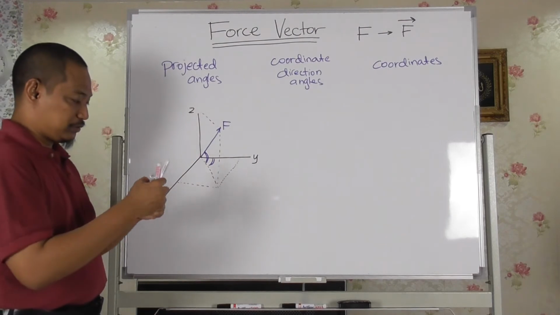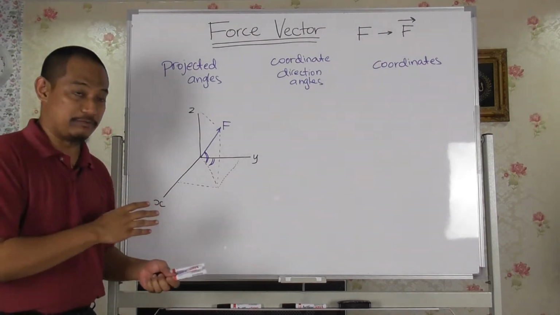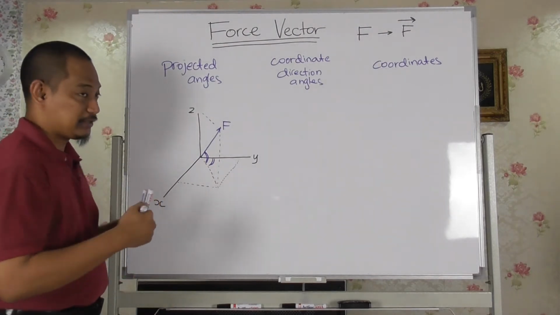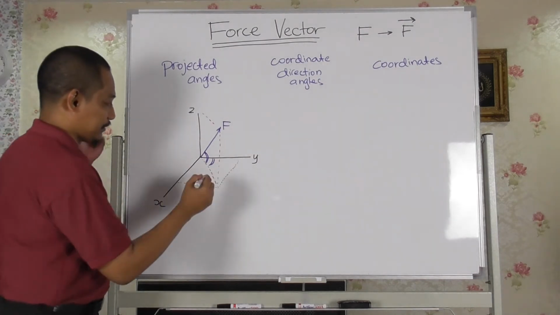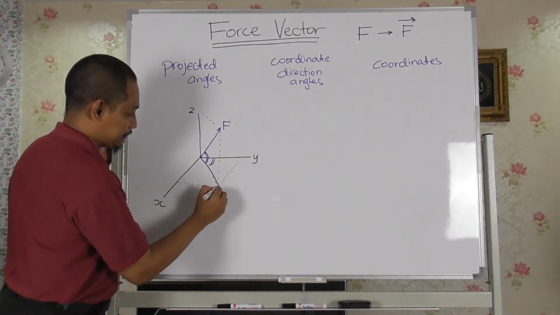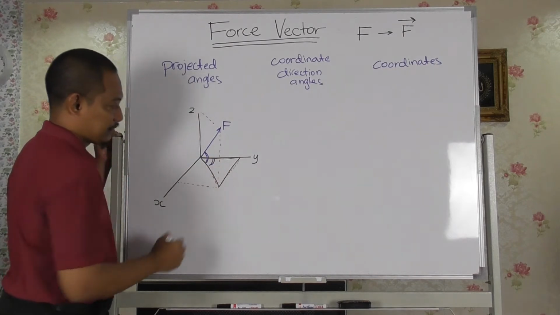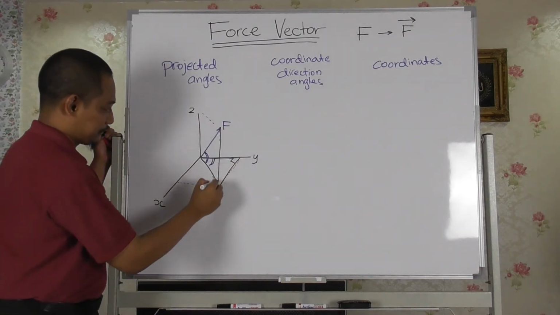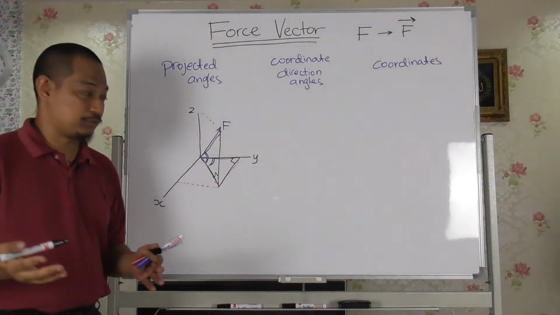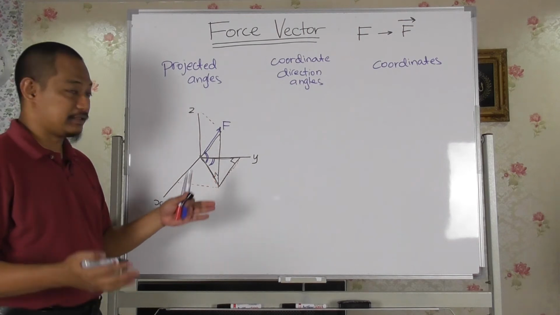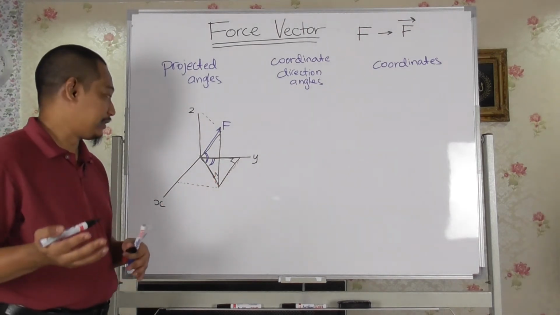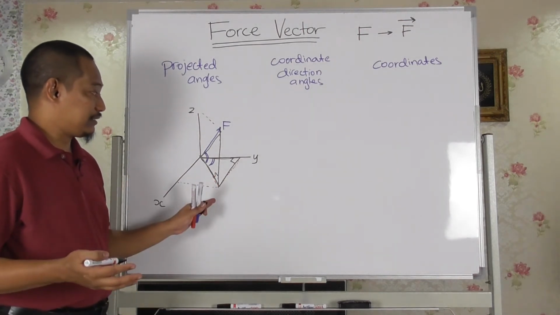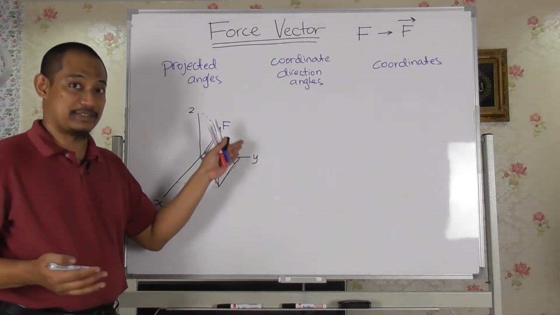So you need to be able to use the information given. In this case, we might need to use two triangles. One triangle is here, where this is 90 degrees, and another triangle is here, where this is 90 degrees. Using those two triangles, we can find the x component, y component, and z component, and then we can describe the force in Cartesian vector form.